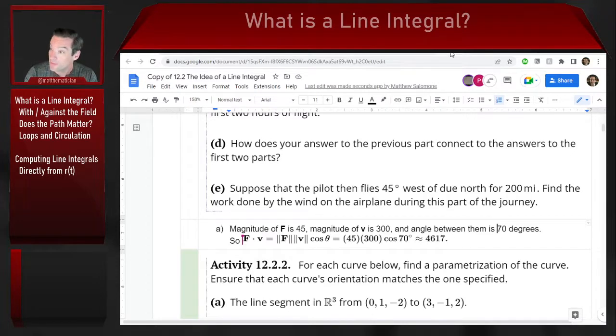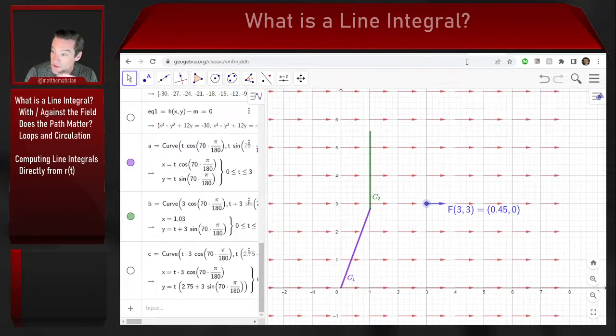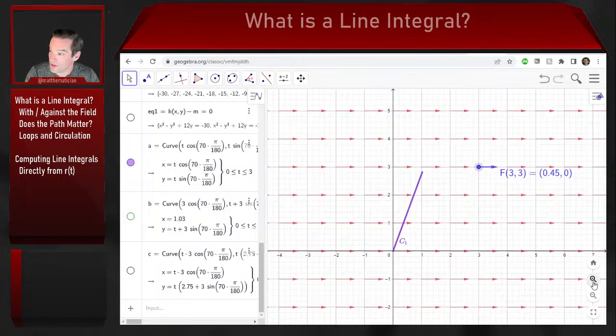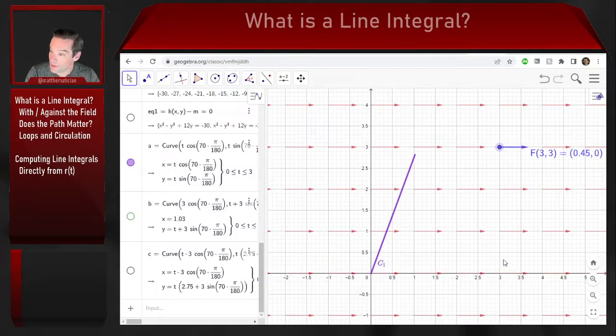If we look at the picture of what's happening here, why does it make sense that 4,617, the amount of work done, is positive for this journey? Why is it reasonable to expect that a positive amount of work was done on the airplane from the origin out to that point?